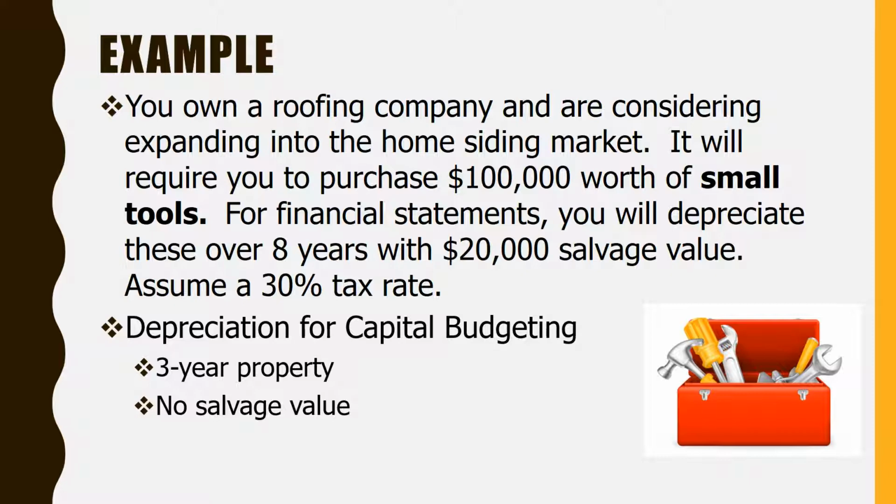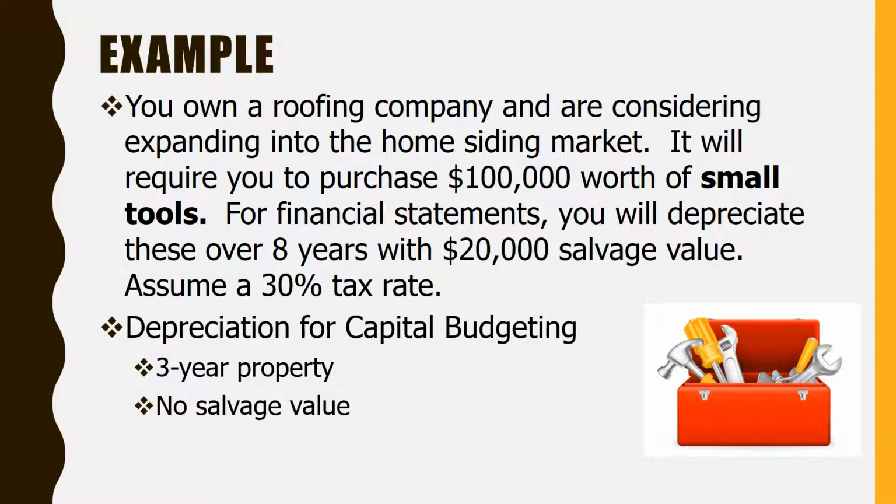For depreciation for capital budgeting, we don't care about any of that financial statement information, the 8 years and that salvage value. All we have to do is look at that table provided by the IRS that says small tools are 3-year property, and we never use salvage value with MACRS.